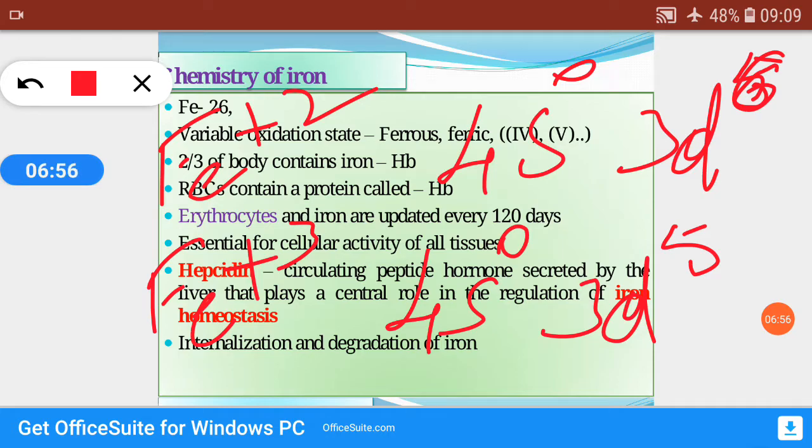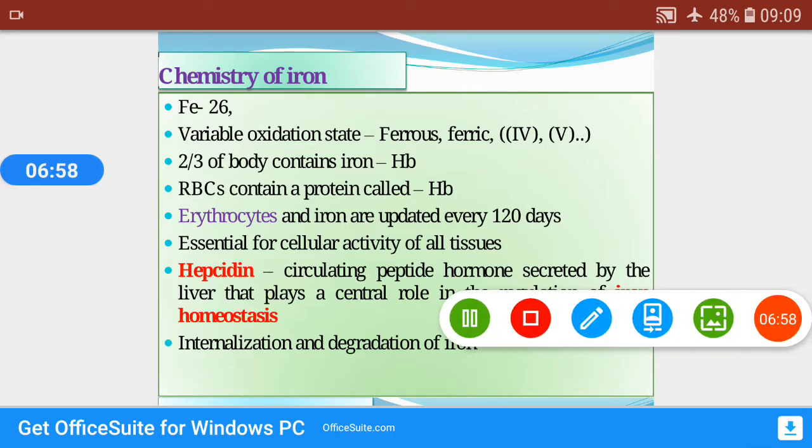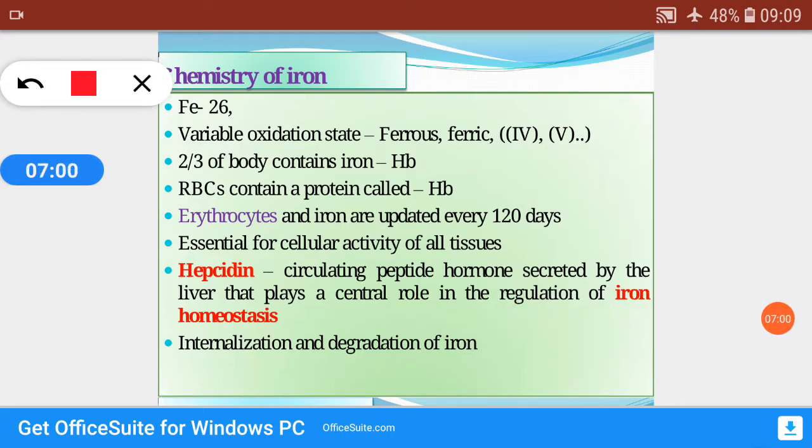And it should be noted that iron is even present in the +4 or +5 oxidation state in the case of certain enzymes during electron transfer reactions. And 2/3 of the iron present in the body belongs to the hemoglobin protein, and the RBCs contain that protein.